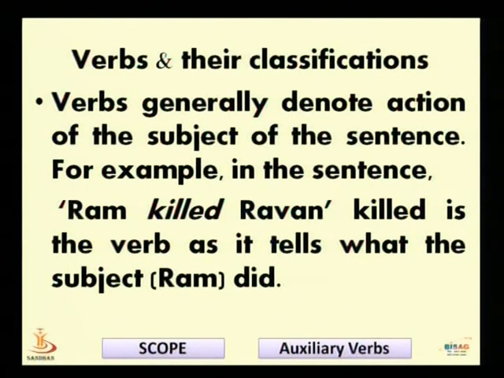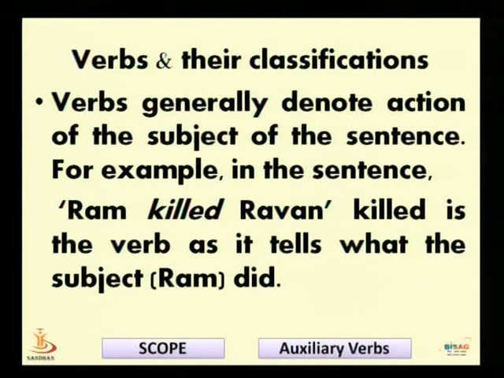Verb has something to do first with the subject. So, here the killed, which is in italics, is the verb and it tells what the subject, that is Ram, is doing or has done or did. So, this is the verb which stands for the action, movement or anything which is done by the subject.